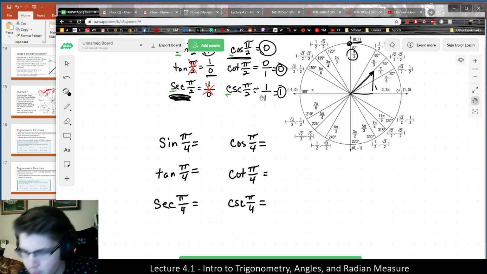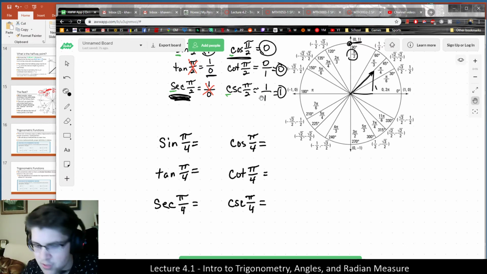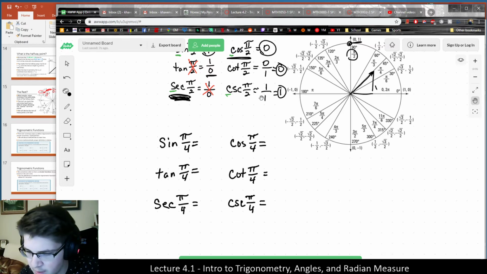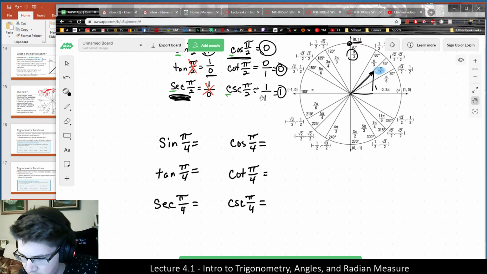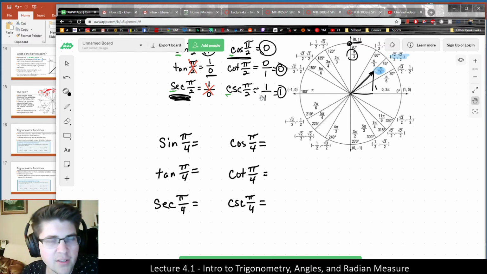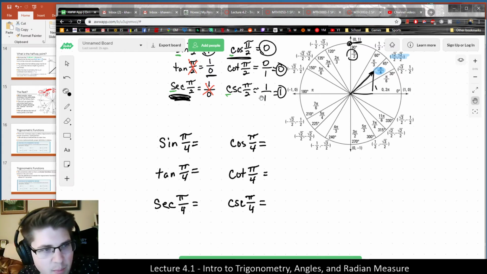Looking at pi over 4, it's going to be helpful to remember where I'm at. When I'm in my brain there, I'm thinking about what is my point and what is my t value. At this point, pi over 4 is right here. That's this point. Notice that the unit circle that I have provided in the packet, it's a little bit easy to mix up which point is which.